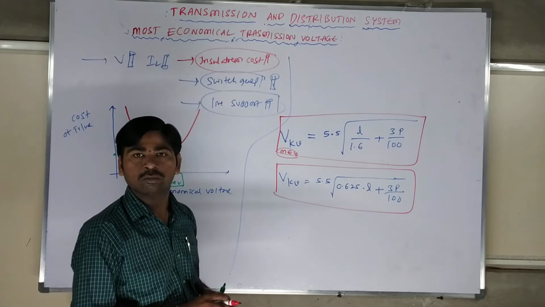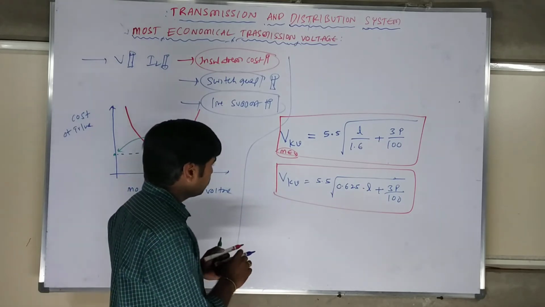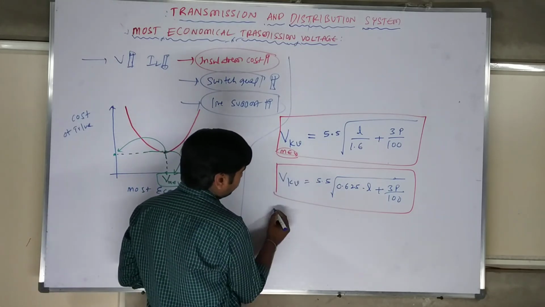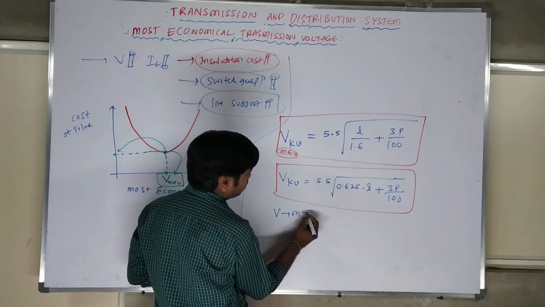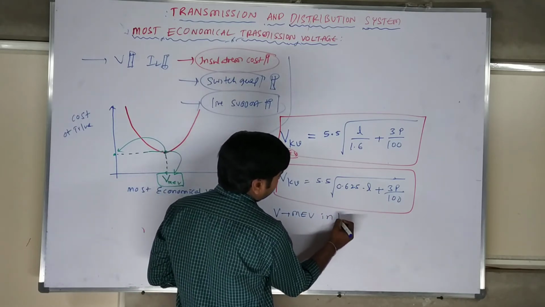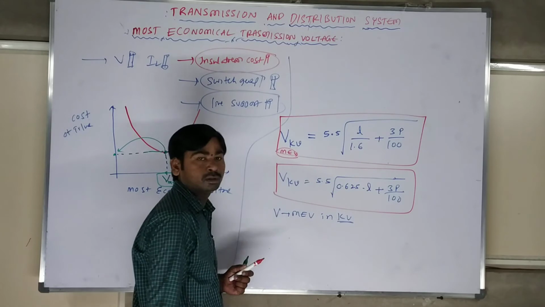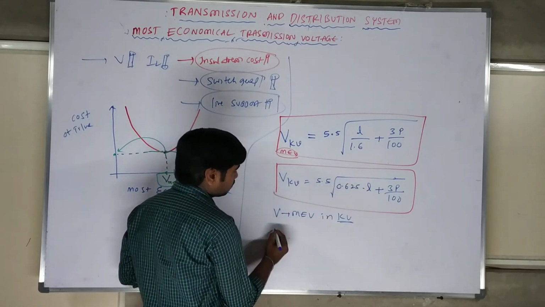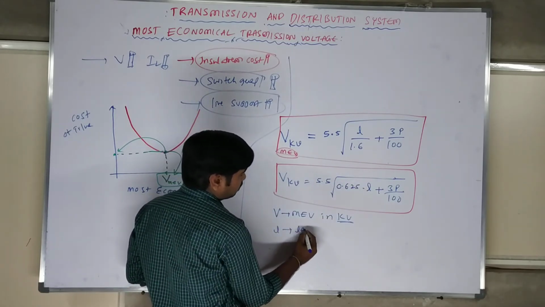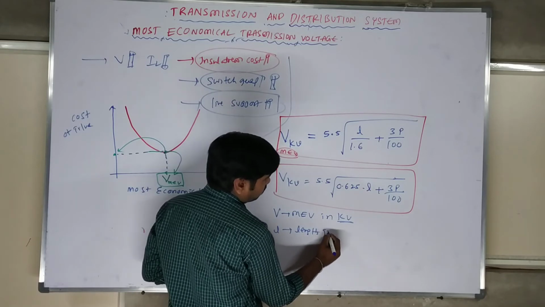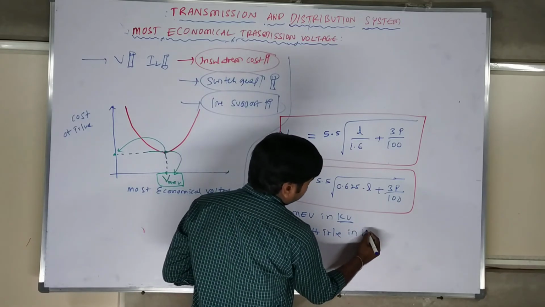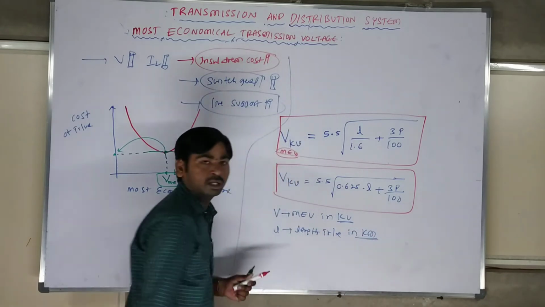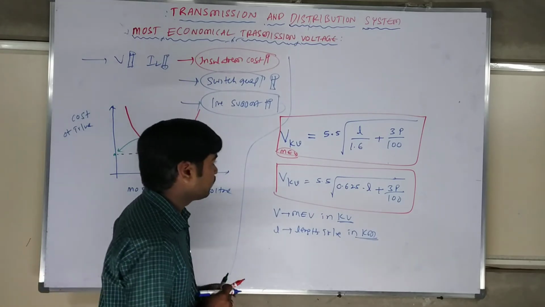What are the components that come in the picture? Here V is the most economical voltage in kilovolts. Next, L is the length of the transmission line in kilometers only.